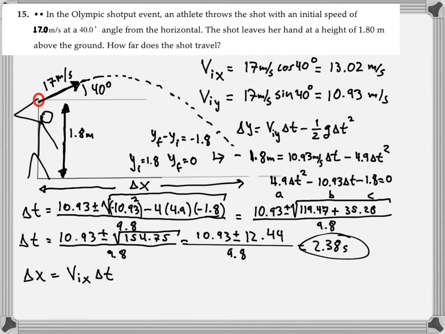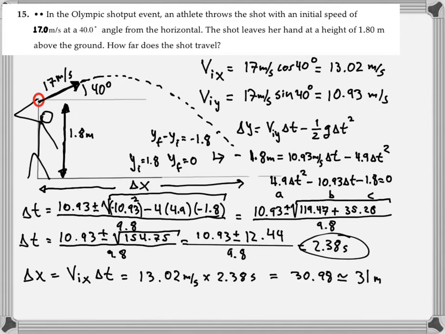Now with this time, we're almost ready to find the final answer. The equation that tells us the horizontal displacement of a projectile is delta x equals v initial in the x times time. So the total distance traveled by the shot will be the initial x component of the velocity times the total time of flight, which is what we just calculated.